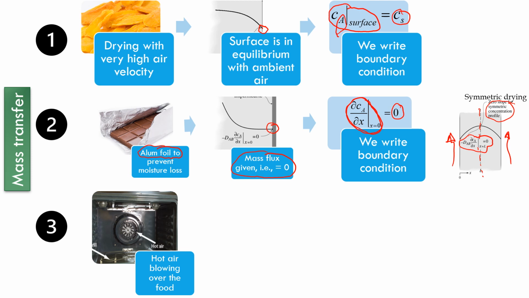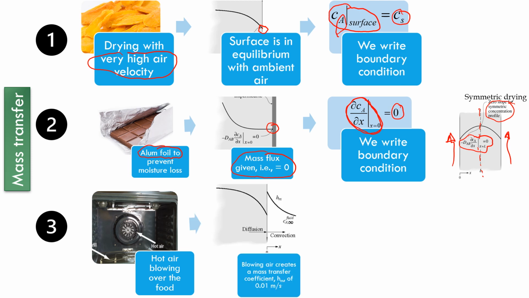And then the final one, again analogous to heat transfer. So let's say hot air is blowing over the surface, but maybe not at as high air velocity. In that case, we do not know the concentration of, let's say, water at the surface, and we also do not know the flux. So neither one nor two will work.